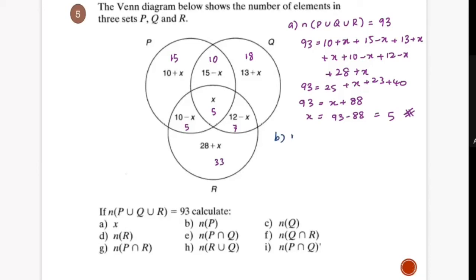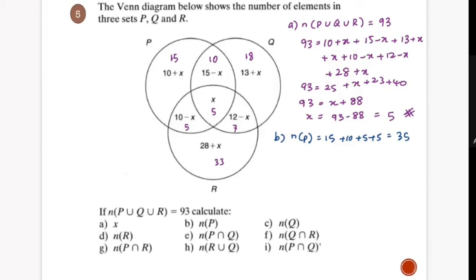B, number of elements in P. Where is P? This is your P. The number of elements in P is equal to 15 plus 10 plus 5 plus 5, equal to 35.